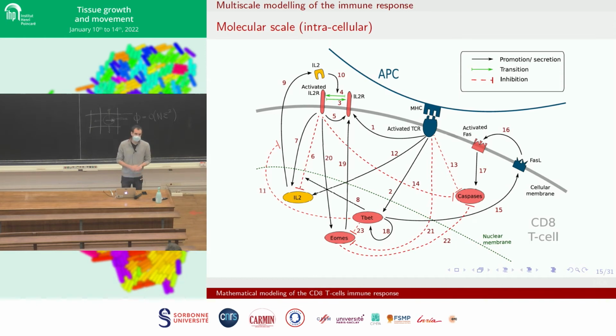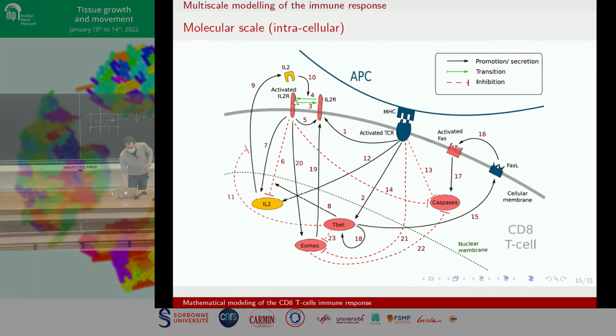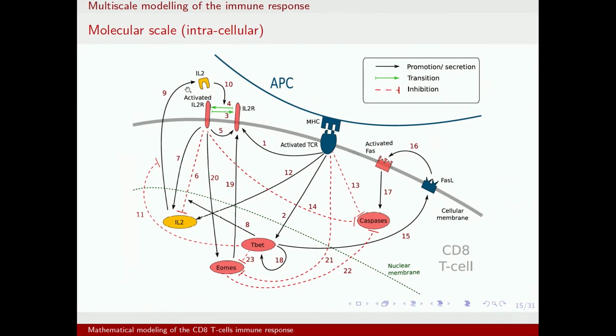Like, for example, the ability of a cell to interact with its environment. Just for example, those are receptors for a protein that is called IL-2 that can diffuse in the domain. So the cells can sense the IL-2 in the environment through those receptors. They can interact with the antigen through these receptors, etc.